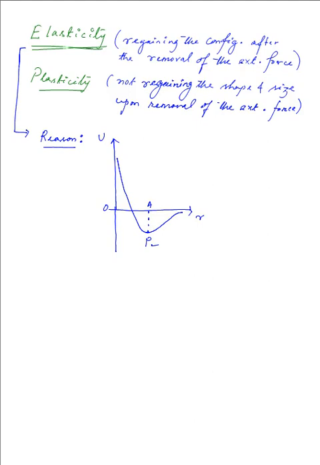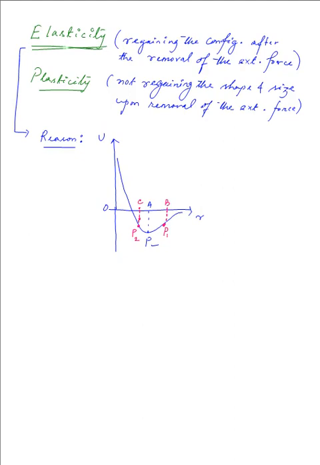Well, what about the case when they are compressed or expanded? Let us take the example where it is expanded to some extent. Because it's expanded, the distance is increasing to that point B. So now the distance is OB, and the corresponding point on the energy curve is P1. While on compression, let's say the compression is OC, and we have the corresponding energy point P2.